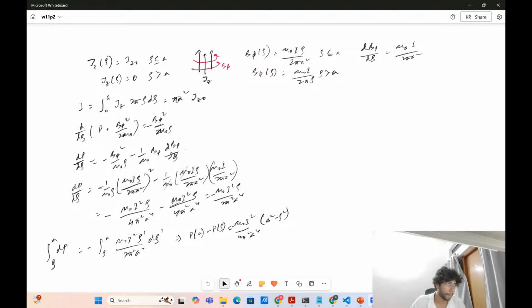Okay. So pa turns out to be 0 because the pressure vanishes at the boundary. Okay. So the p rho will finally become mu naught I by 2 pi a whole square times 1 minus rho square by a square. Okay. So this is what it reduces down to.